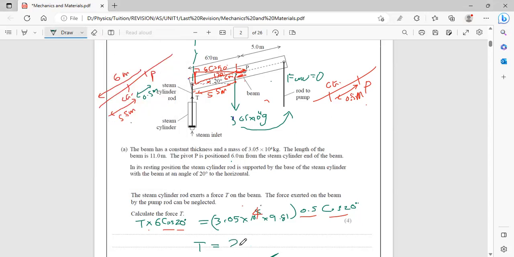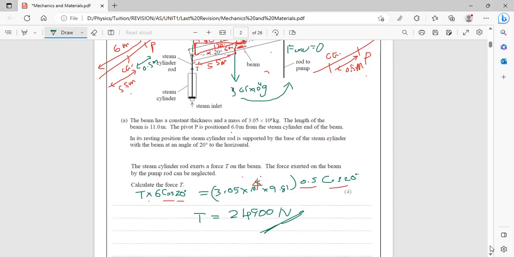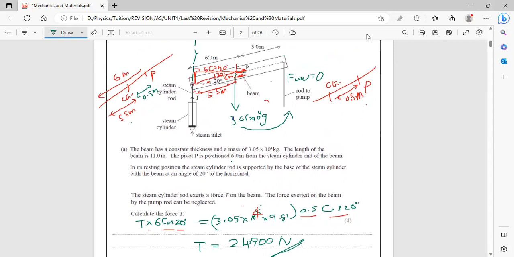Yeah, it must be the case. 24,900 newtons. That's the answer. All right, so it's 24,900. Okay, fine.